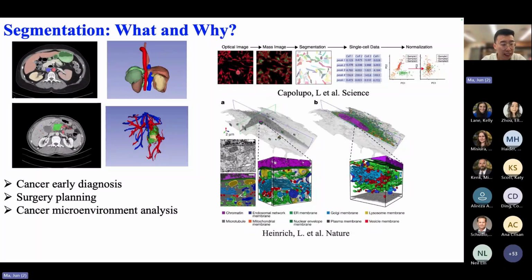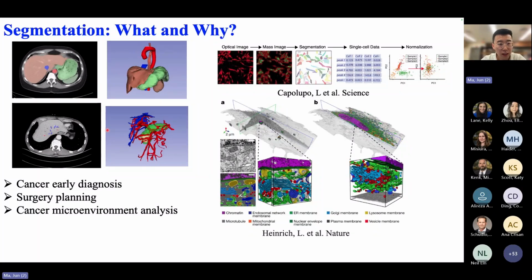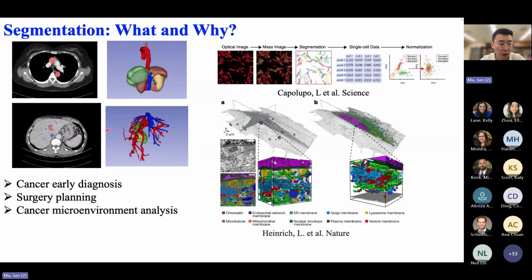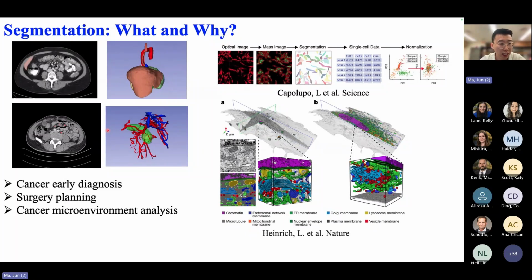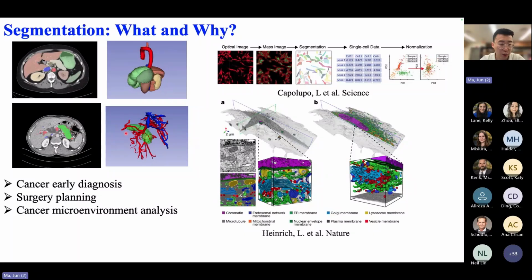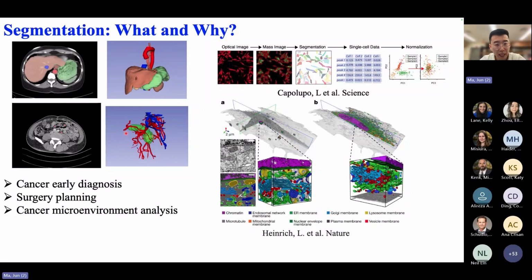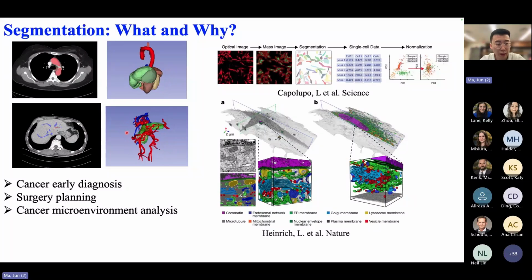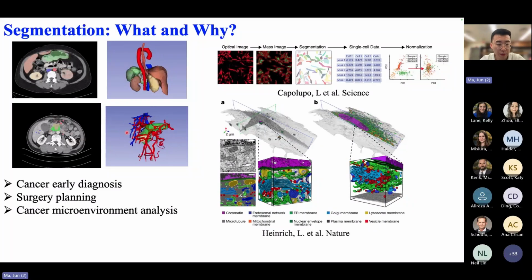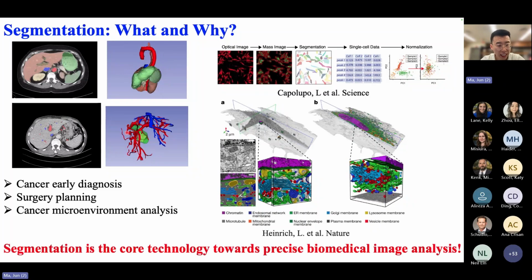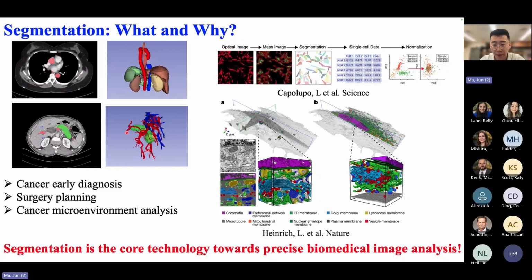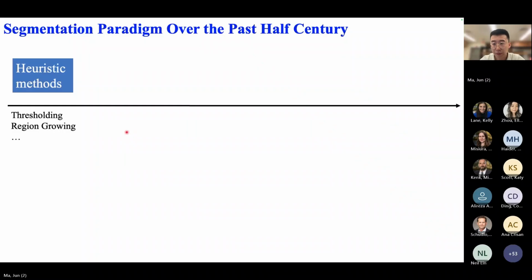For example, by segmenting the organs, lesions, and surrounding vessels in CT scans, we can use the 3D reconstruction results for early cancer diagnosis and surgery planning. Similarly, by segmenting various cells and organelles in microscopic images, we can use them for cancer microenvironment analysis. In a word, segmentation is a core technology towards precise biomedical image analysis.